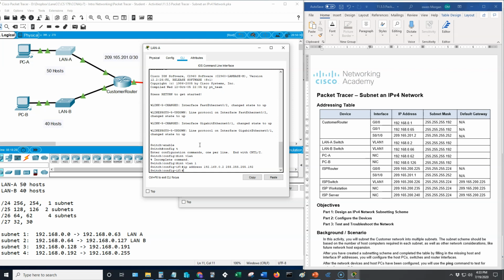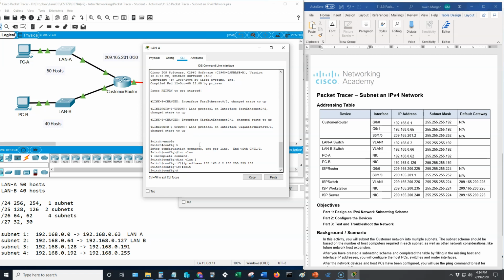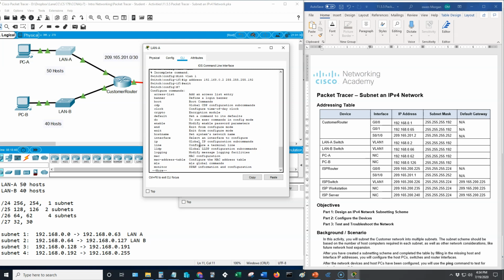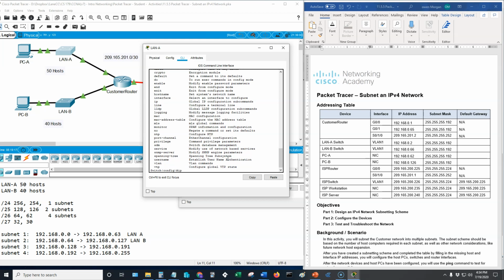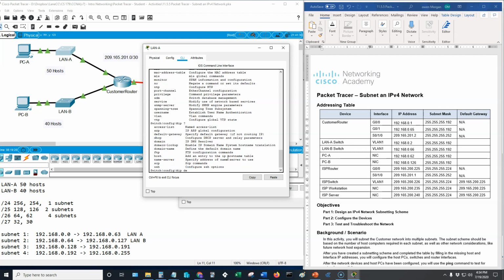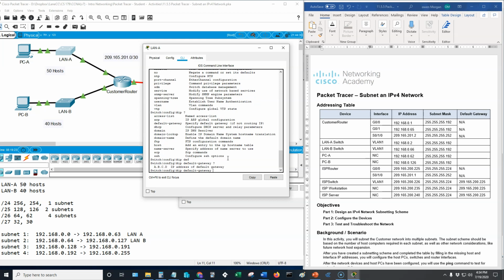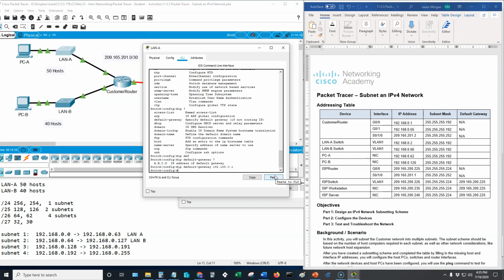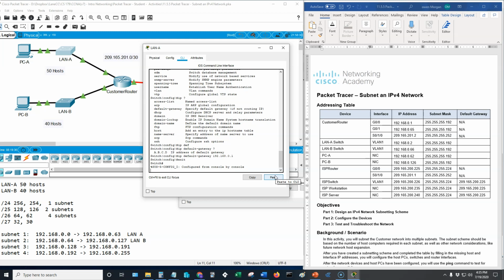Okay, so we have the VLAN set up, but we also need to do a default gateway for this. So let's look at that. Okay, it's under IP, so let's go to IP and then default. And then we just put the IP address 192.168.0. Our router, the default gateway for this is the .1. So now we can exit out. So our switch is ready for LAN A.